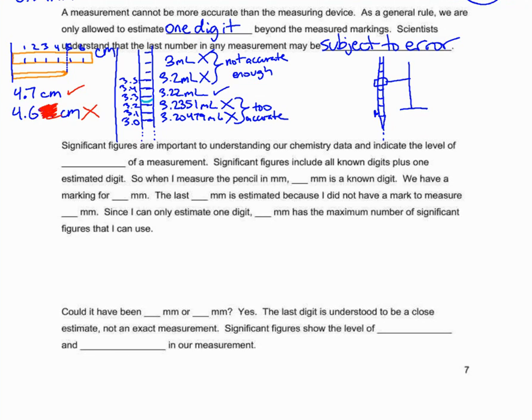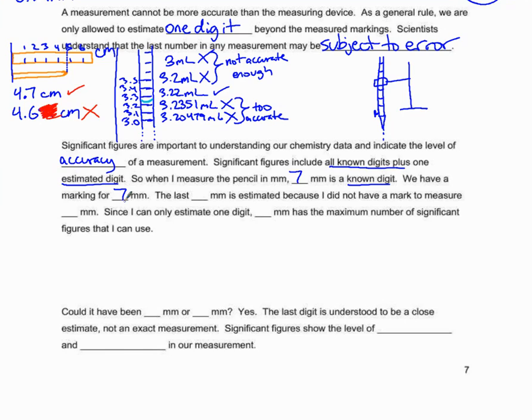The significant figures are important to understanding our chemistry data and indicating the level of accuracy of a measurement. Significant figures include all known digits plus one estimated. So when I was measuring my pencil in millimeters, 7 was a known digit. I have a marking for 7. It goes a little bit past the 7.